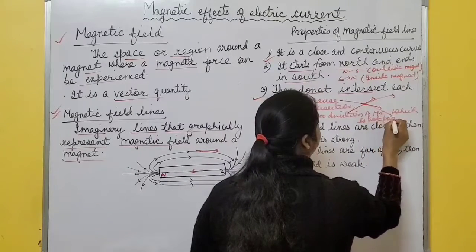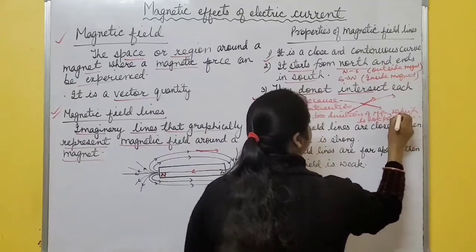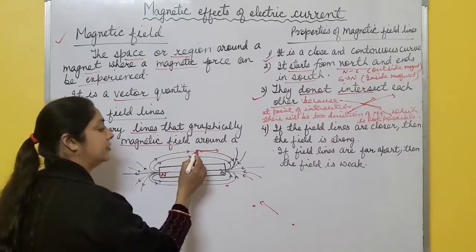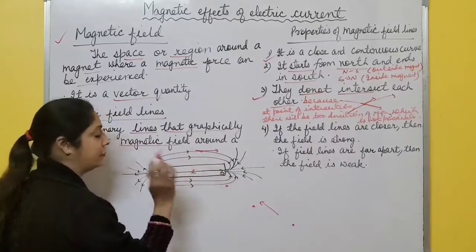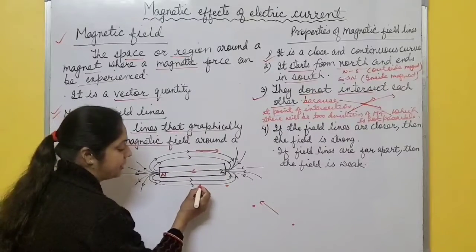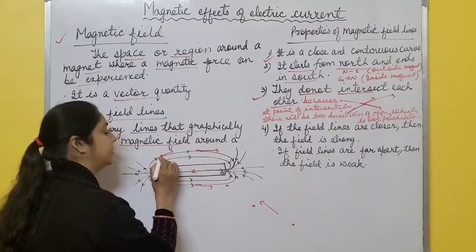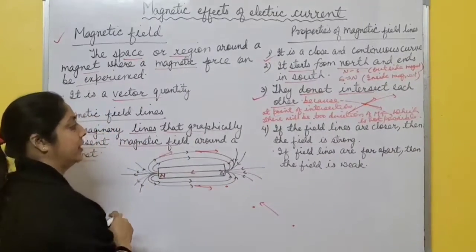That's why magnetic field lines never intersect each other. If you want to find the direction of the magnetic field, you just draw one tangent at that point. It gives the direction of the magnetic field at this point, right?